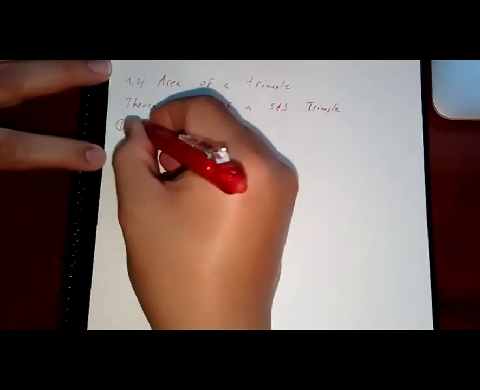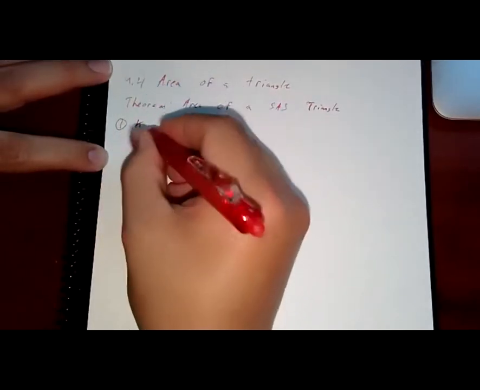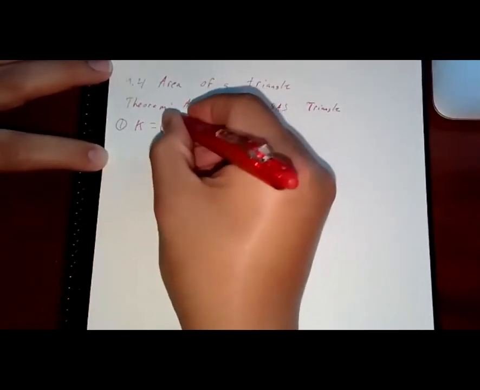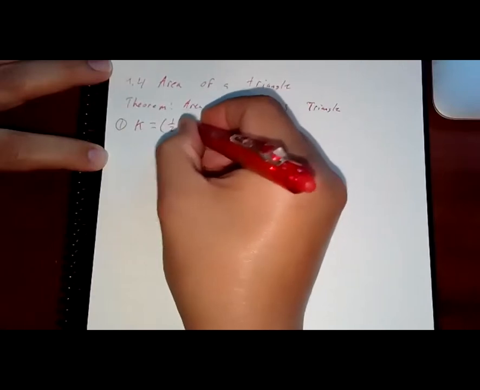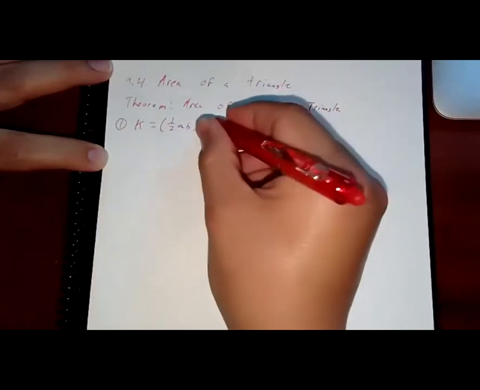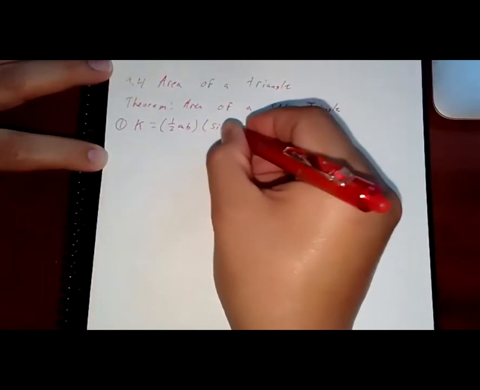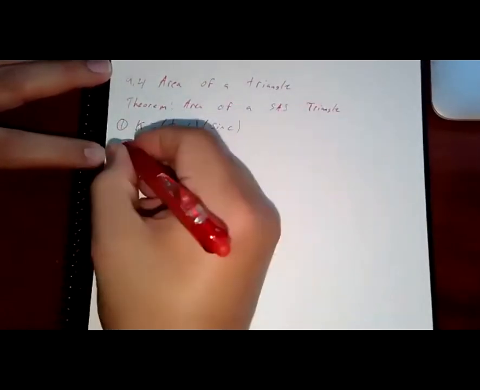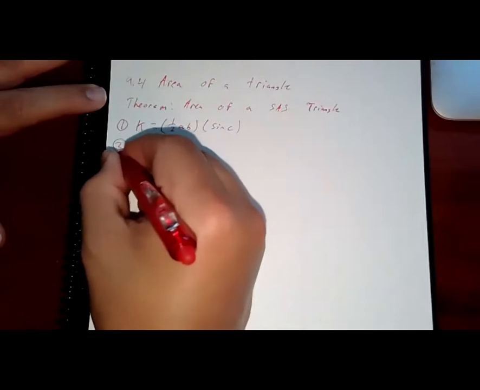So K will denote your area. That'll be equal to 1/2 A times B times sine C. It's supposed to be capital C, by the way, but I know my letters look all messed up.